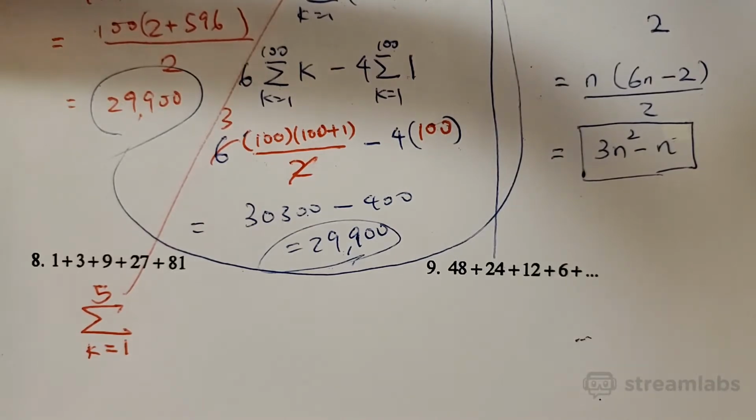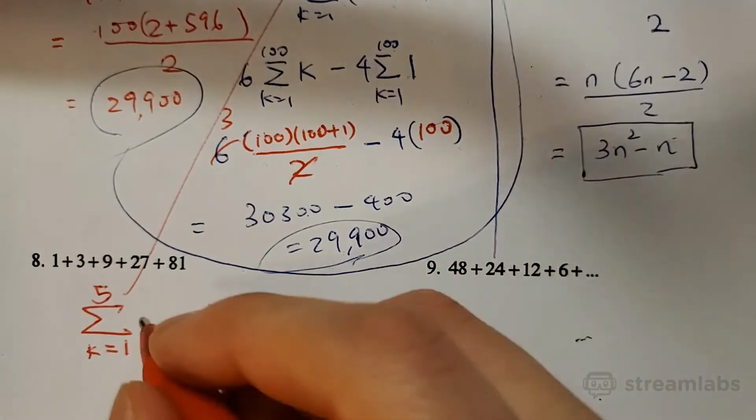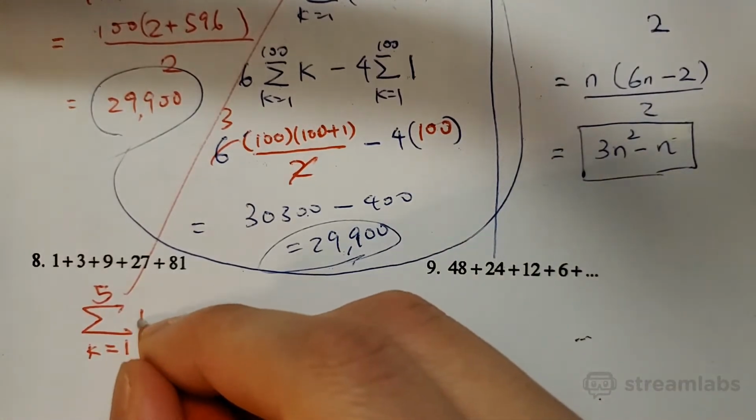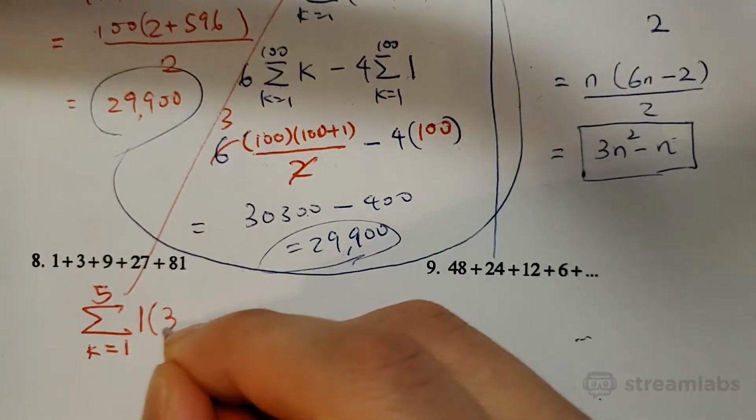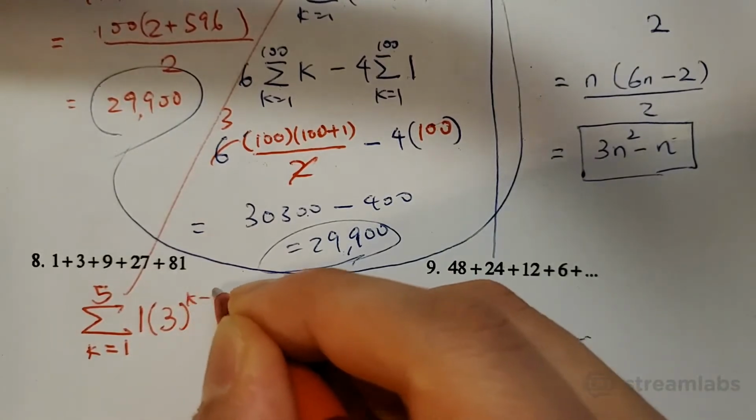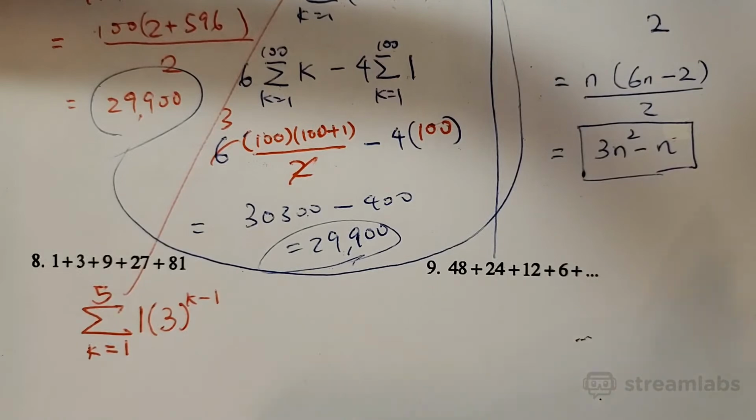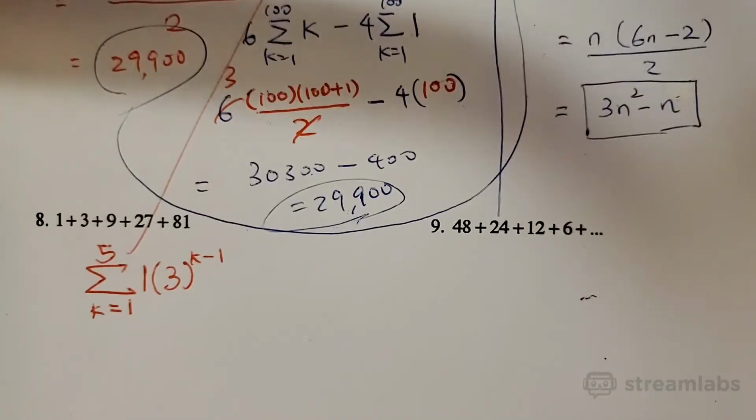Geometric is correct. Rate is 3. So remember, geometric, you do first term times rate to the n minus 1 for the expression. So it looks like that, right? So that's your sigma notation, and then you just add them up to find the answer.